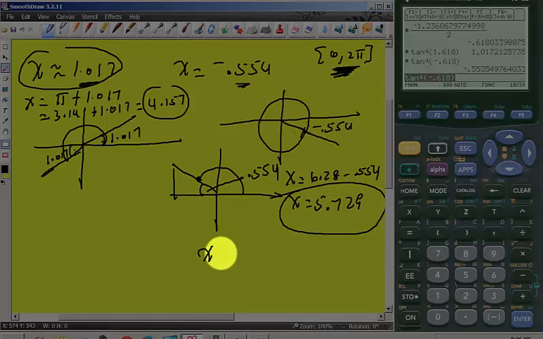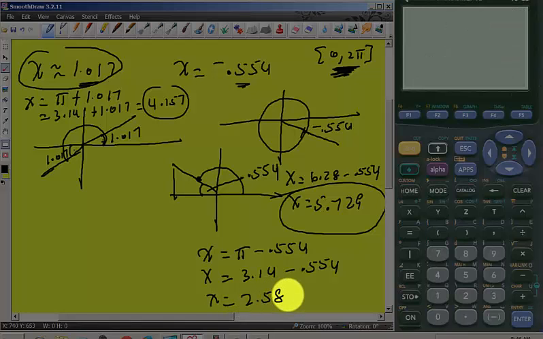That's going to be x is equal to pi minus 0.554, which is x is equal to 3.14 minus 0.554. And what is that, Brittany? There we go. I have 1, 2, 3, 4 solutions.